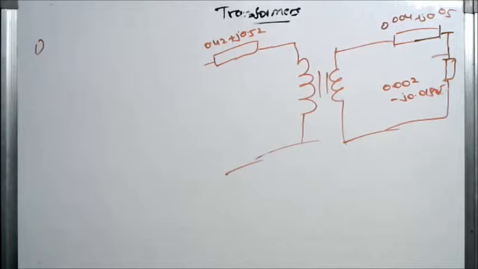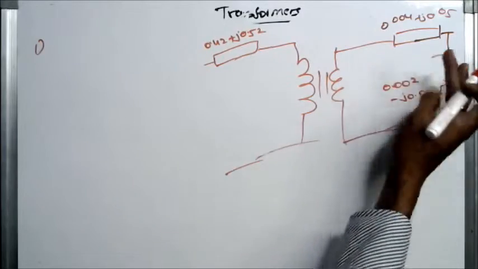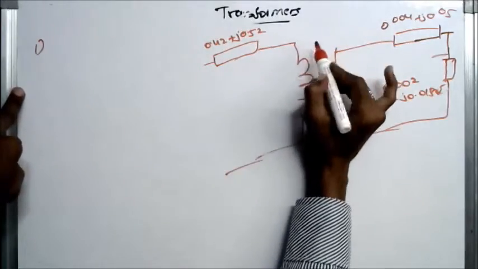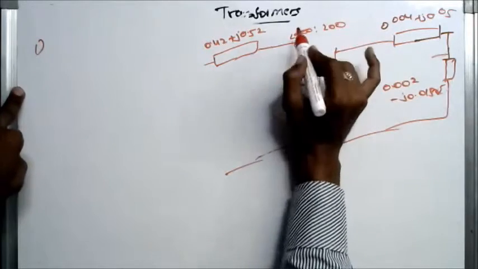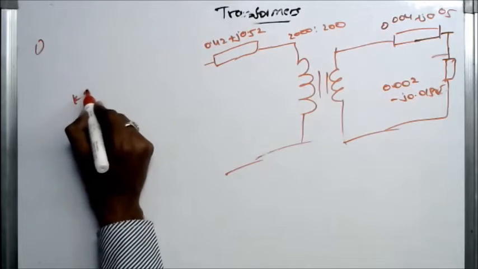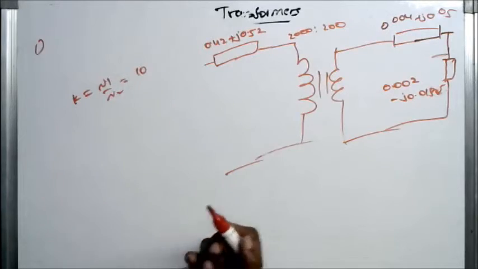Draw the equivalent circuit referred to the primary side. So what he has given: N1 is 2000 turns, N2 is 200 turns. So K is equal to N1 by N2, which is 10.